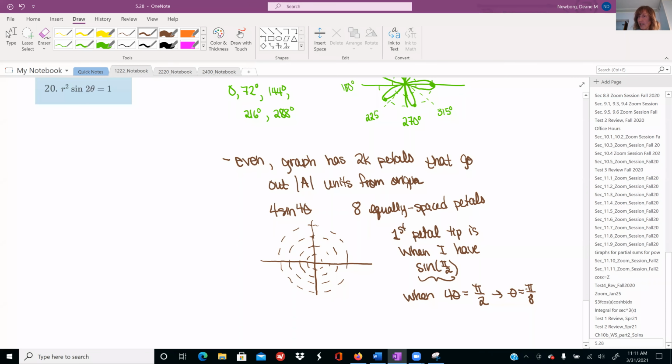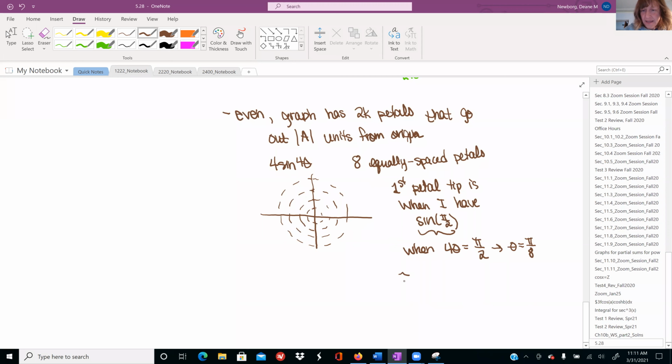And if you want, you can change that to degrees. So pi over 8 times 180 over pi. The pi's cancel. 180 divided by 8 is 22.5.